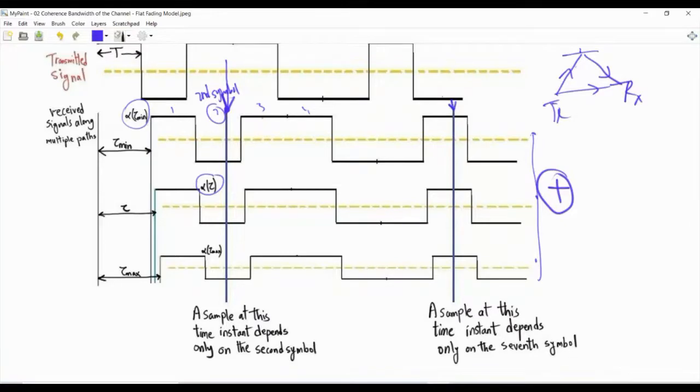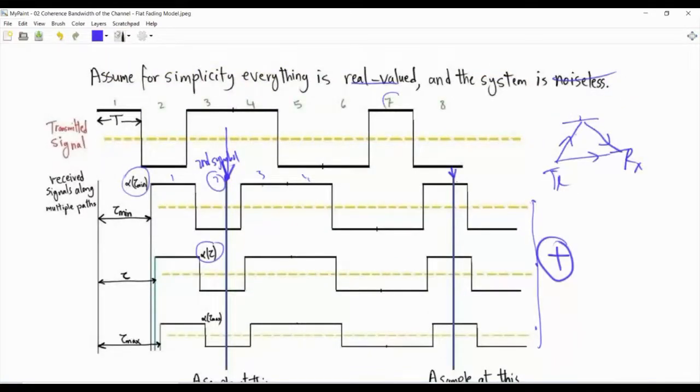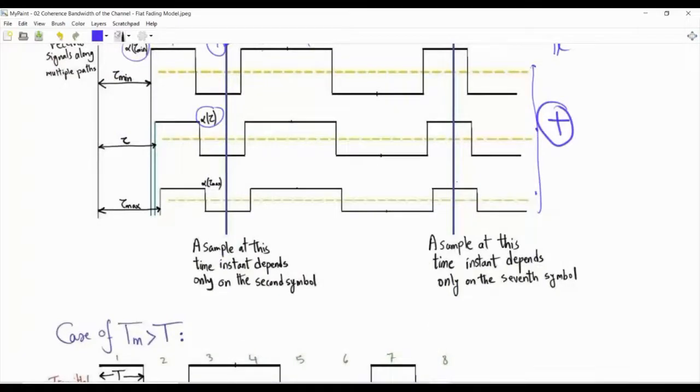At this other instant, it's the seventh symbol and nothing else. So the sample depends on one symbol, multiplied by alpha tau min plus alpha tau 1 plus so on up to alpha tau max.